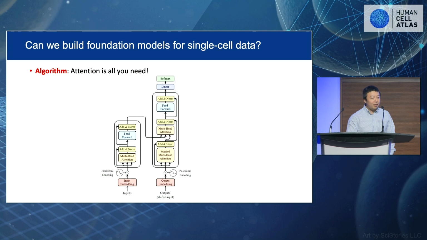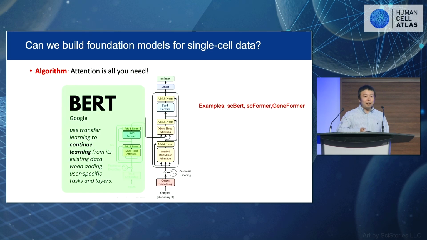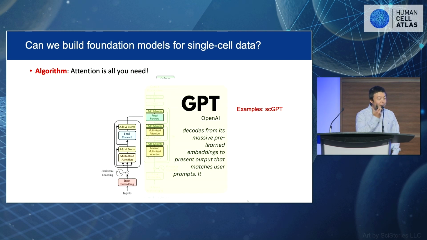Algorithms: the attention mechanism was published by Google in a paper called Attention Is All You Need. If you stack enough encoders, you will have a BERT model. We see examples such as scBERT, scFormer, Geneformer. These are all BERT models. And if you stack enough decoders, you have a GPT-style model. One of the examples is our scGPT.